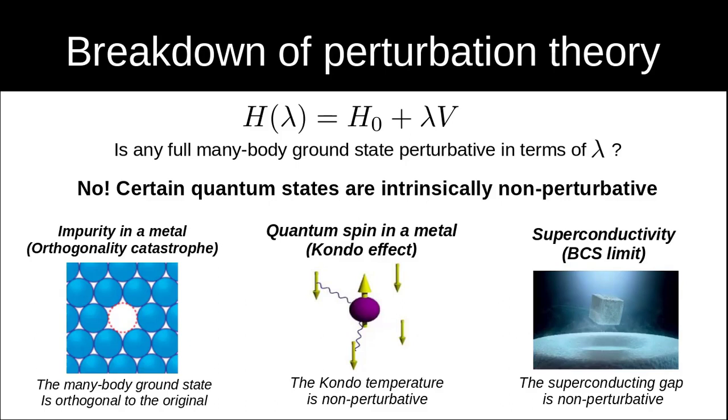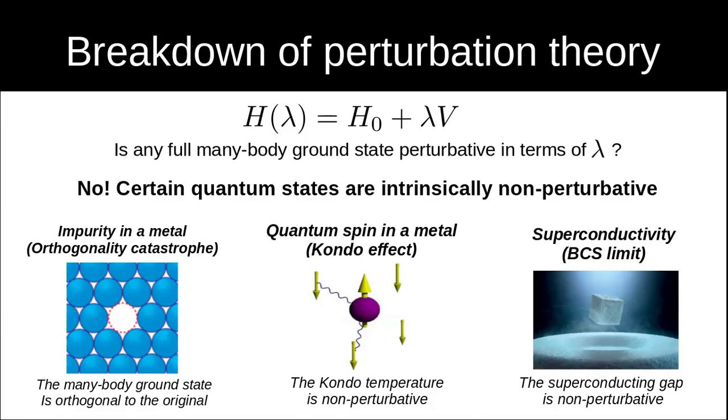And in particular, there are several famous cases where perturbation theory does not hold, or at least the simplest form of perturbation theory. This is the case of, for example, when you add an impurity to a metal that gives rise to something that is called orthogonality catastrophe, that effectively makes all your wave functions automatically orthogonal to the original wave functions, even with a very small perturbation.